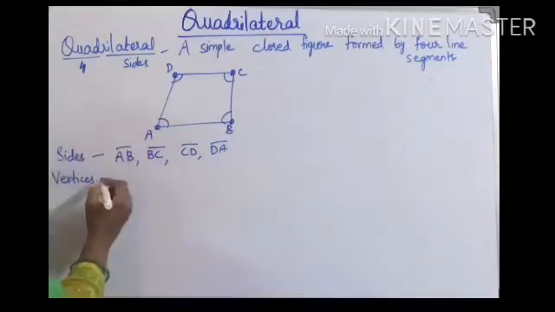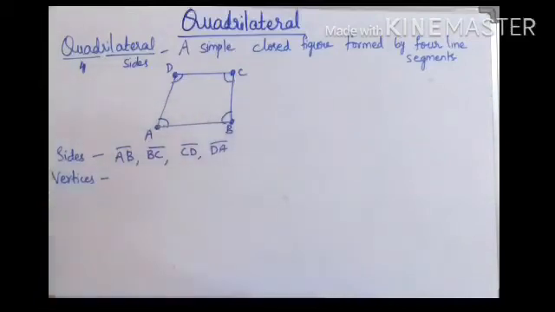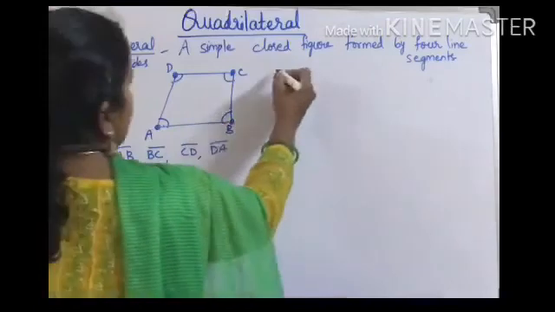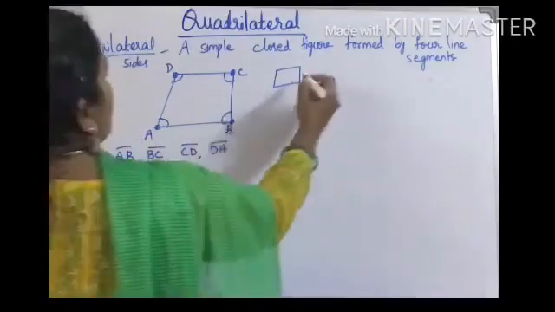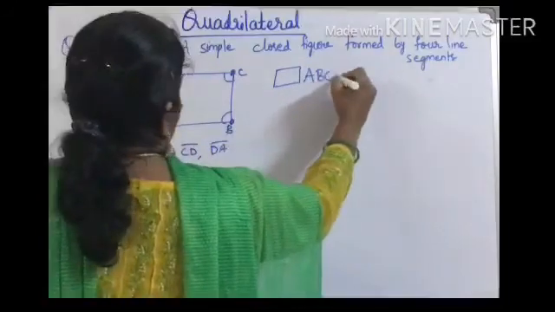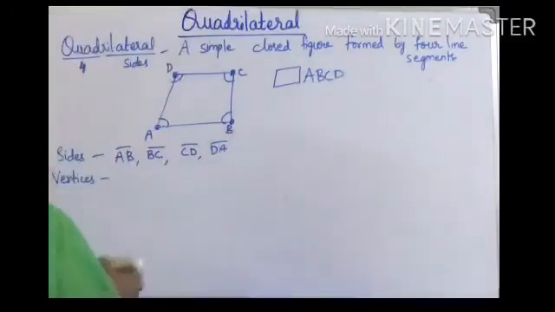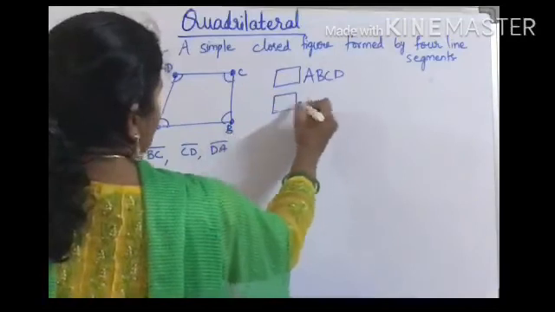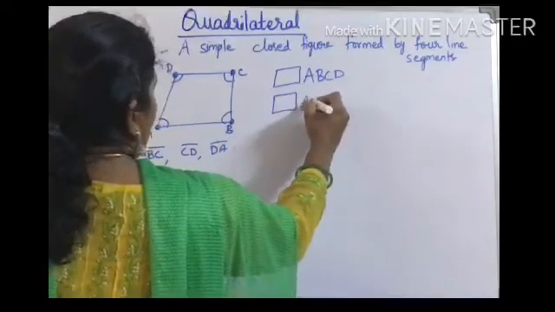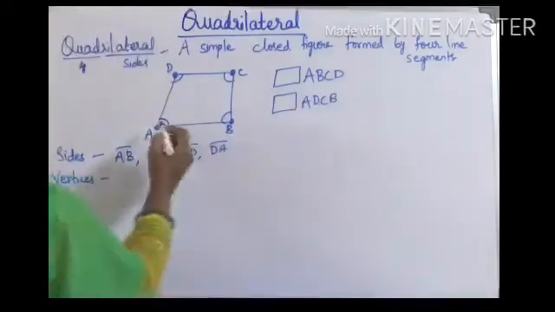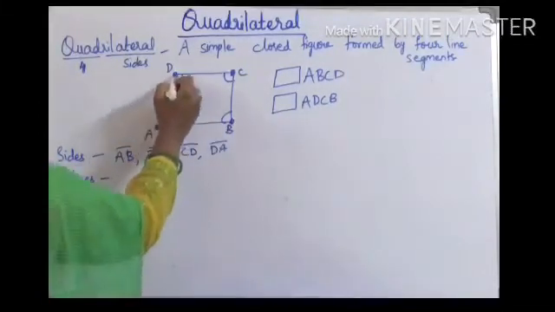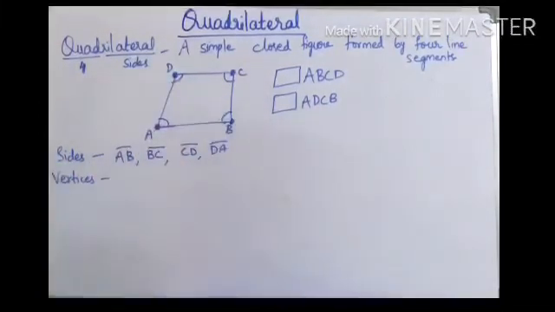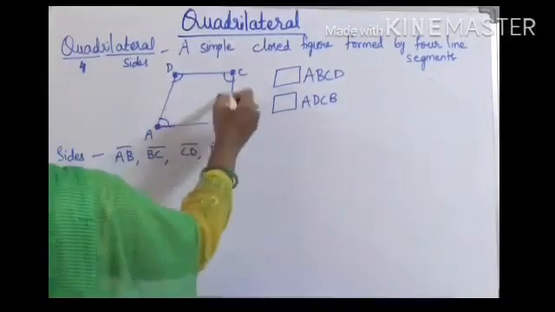Now, before vertices, how do you read this quadrilateral, children? You can write it in many ways. Suppose we take this small symbol as a quadrilateral, we can represent this as quadrilateral ABCD, right? Or you can represent quadrilateral ADCB. See, with ABCD I can go, or ADCB I can write. I can't write ACBD.